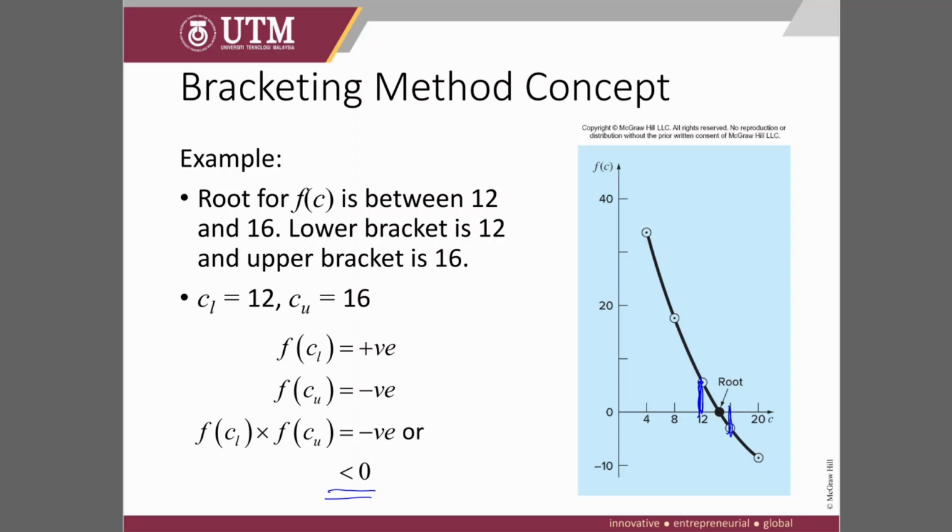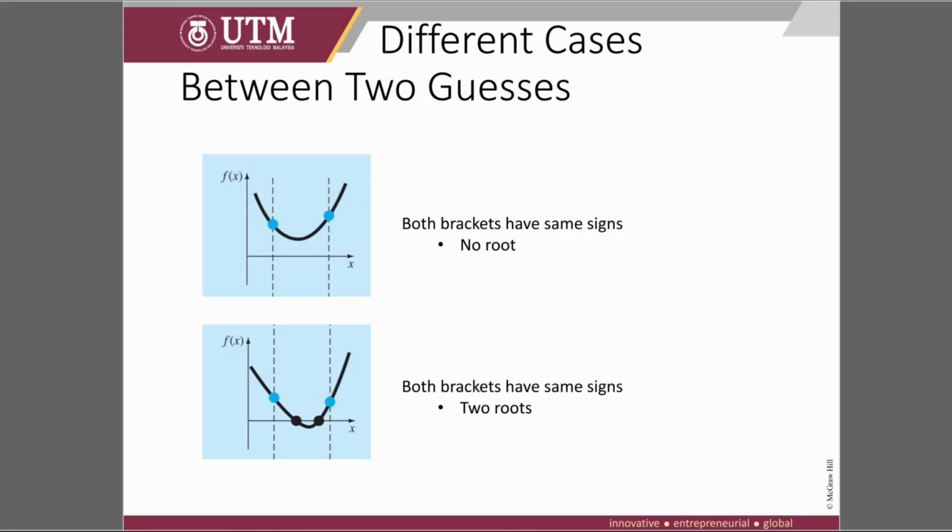Again, the product of the function values at the two brackets must be a negative number in order for a root to exist. So let's take a look at some other possibilities here.